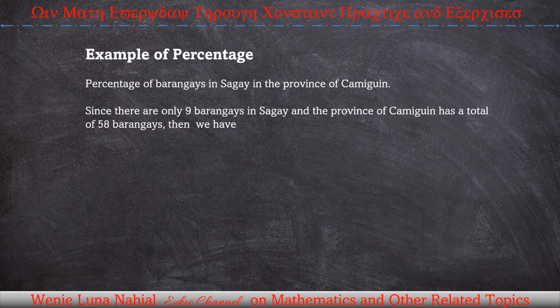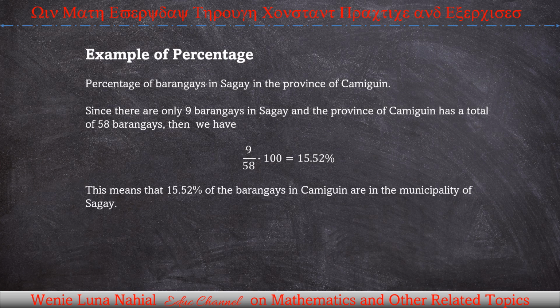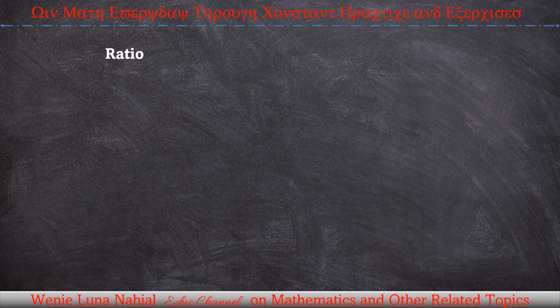Since there are only 9 barangays in Sagay and the province of Camiguin has a total of 58 barangays, then we have 9 over 58 times 100, that is 15.52%. This means that 15.52% of the barangays in Camiguin are in the municipality of Sagay.